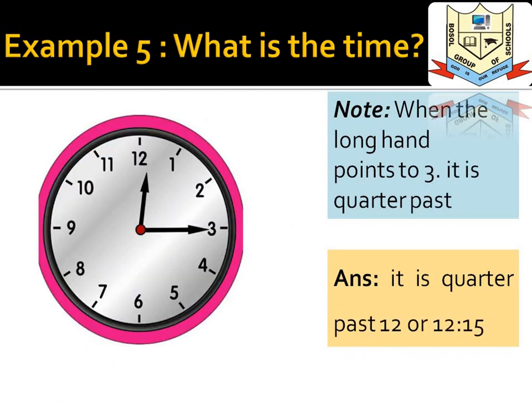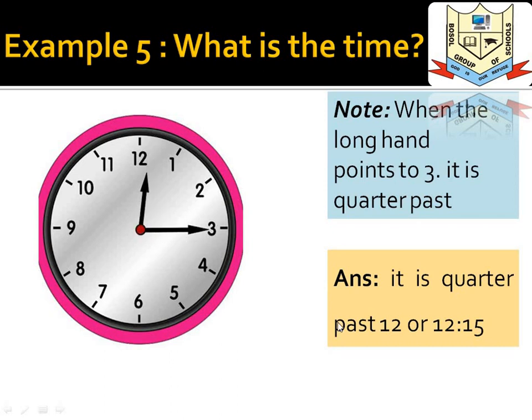Take a better look at example number 5. As you can see, it's quite different from our past examples. When the long end points to 3, it is quarter past. It means the time is 12:15.